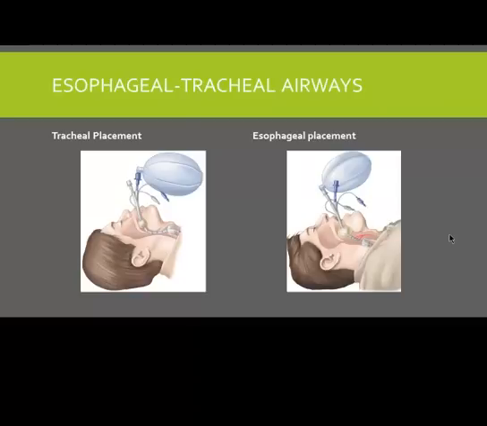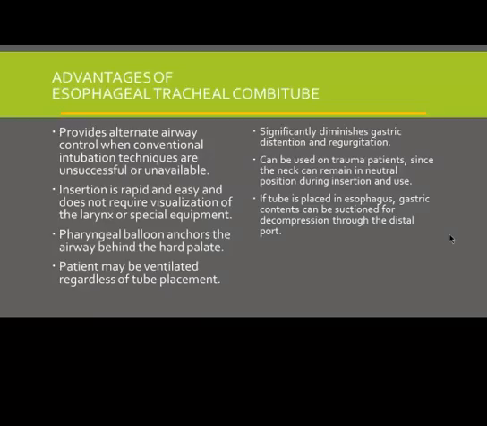Luck of the draw, most of the time the big part's going into the esophagus, and then you ventilate off of your lumen here. If by chance the stars align and the anatomy is right, it may actually perform a pseudo intubation. It may go in right above the vocal cords, and then you would ventilate through the other lumen.